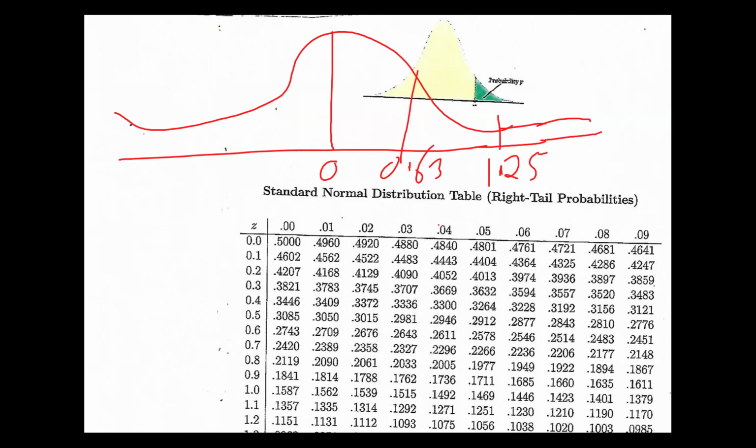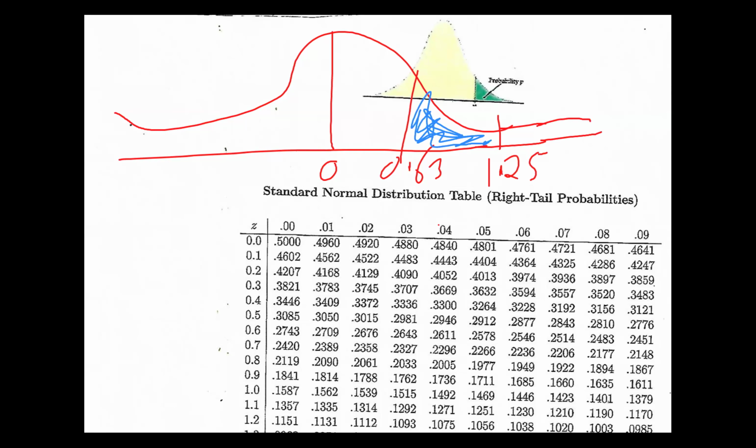So which area do they want? They want this area in between. How can you find this area? 0.63 subtract it with 1.25.